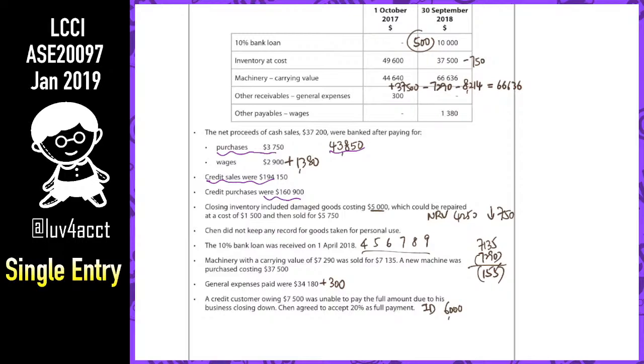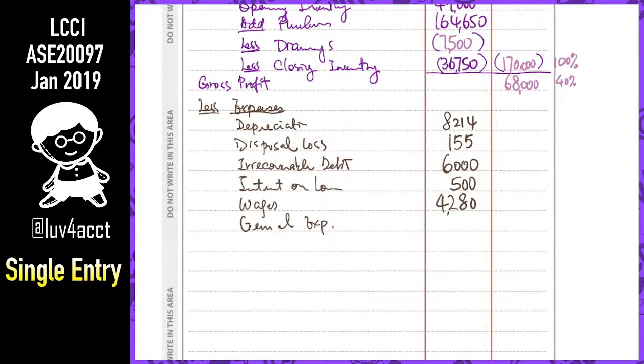We have 34,180 plus 300, 34,480. Let us scan through the whole thing again to make sure we haven't missed any items. Opening inventory, depreciation, this one. Yes, it should be all. So 34,480.